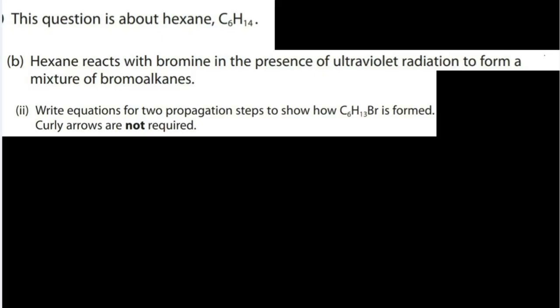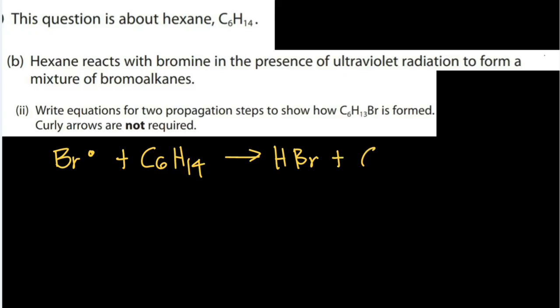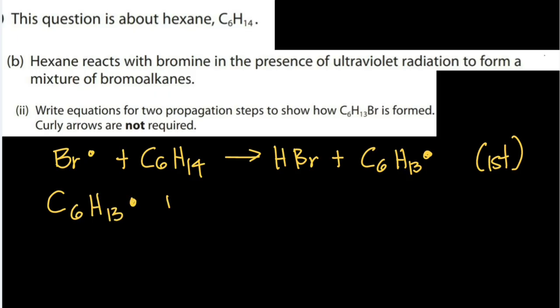Now let's write the propagation steps in the bromination of hexane. So the first propagation step is we have the bromine radical plus C6H14. This forms HBr and C6H13 radical. So this is the first propagation step, and then the second propagation step is we have C6H13 radical, and then we have bromine.